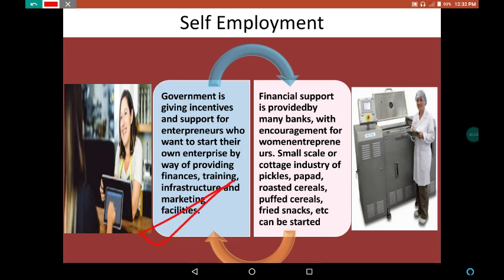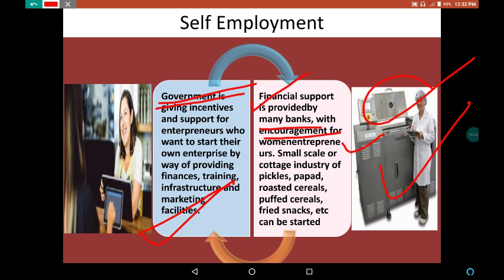Means if you want to be an entrepreneur, the government will help you. Financial support is provided by many banks with encouragement of women entrepreneurs. There is an option for women entrepreneurs.